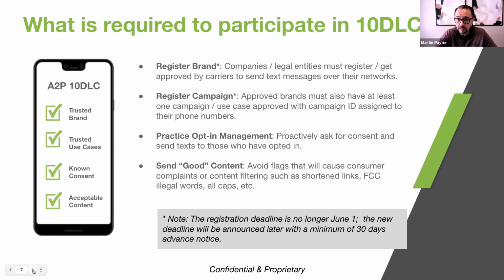Now, the important thing here is you'll get an ID. It's a unique identifier for your brand and your campaign, and that ID gets assigned to your phone numbers. And then it gets registered deep in the SMS ecosystem, so that when they see that phone number, they know what that phone number is being used for and by what brand.